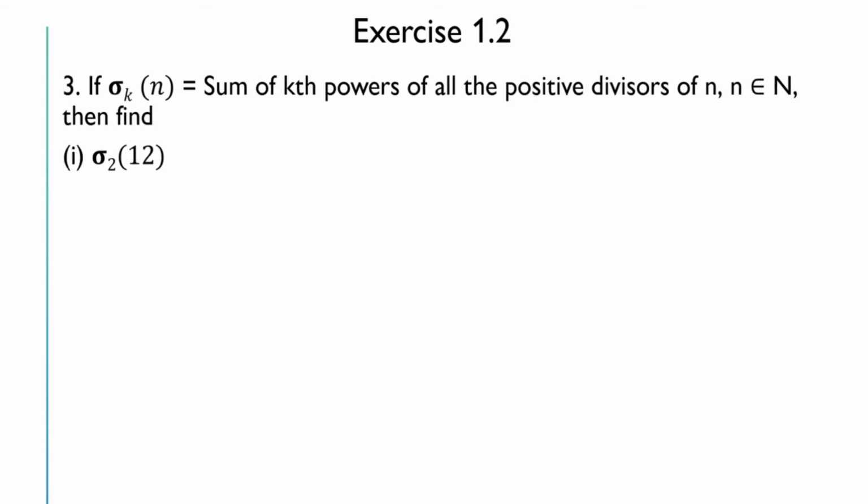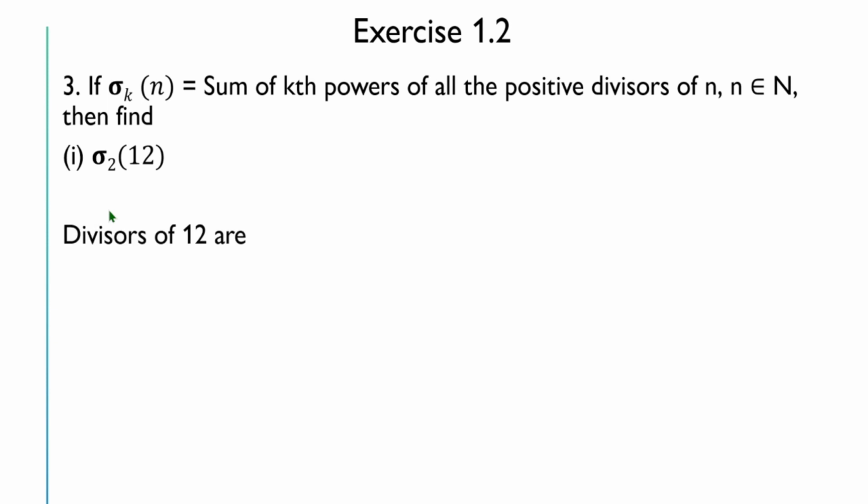The next one is, if sigma k of n is equal to the sum of kth powers of all positive divisors of n, where n belongs to the natural numbers, then find sigma 2 of 12. So sigma k of n is the sum of kth powers of all positive divisors of n. We are asked to find sigma 2 of 12.